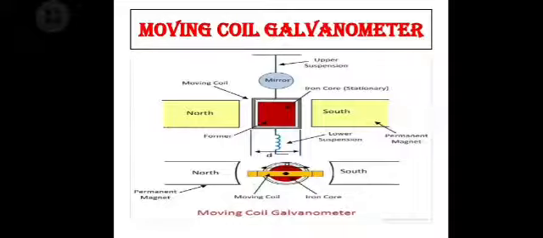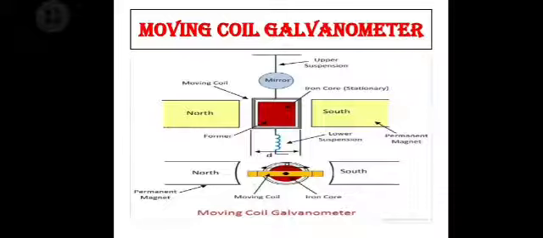The wire with which the coil is hung and the spring are both made of phosphor bronze metal. As it is a metal, current flows through the wire which is used to suspend the coil, and it flows through the spring and the pointer.